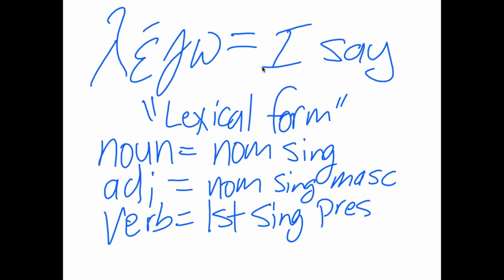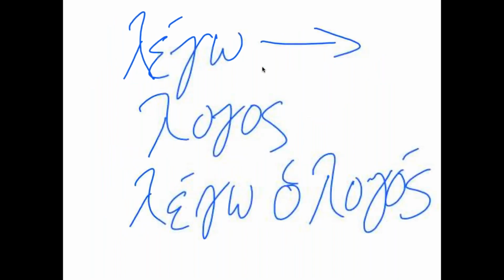What we're going to be doing most in this class, especially after we finish just this vocabulary section, is parsing. Whenever you parse a Greek word, what you try to do is figure out what the word is doing in the sentence and what the word comes from. So let's do this one.